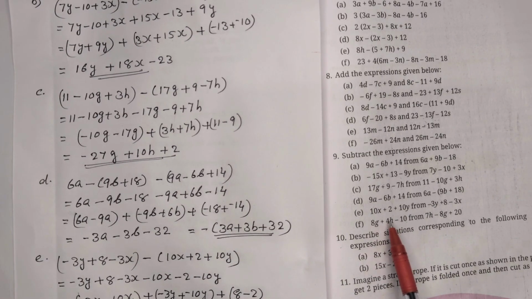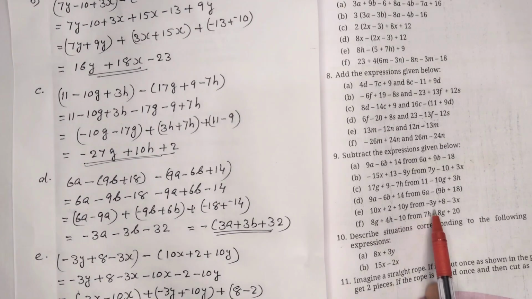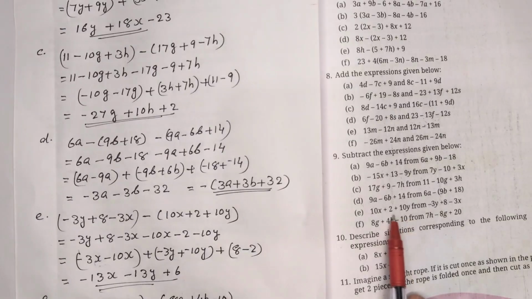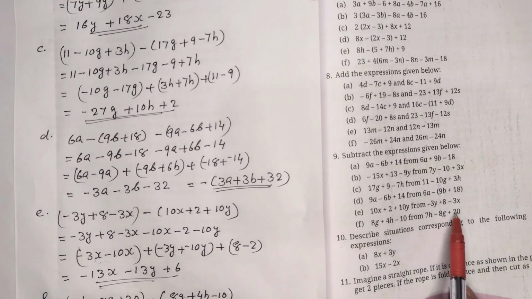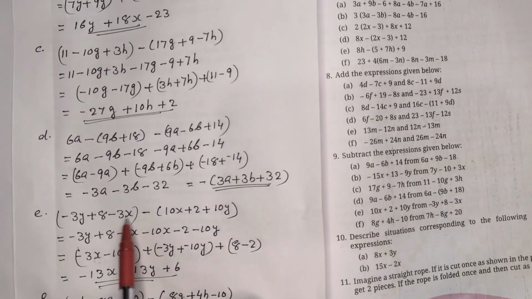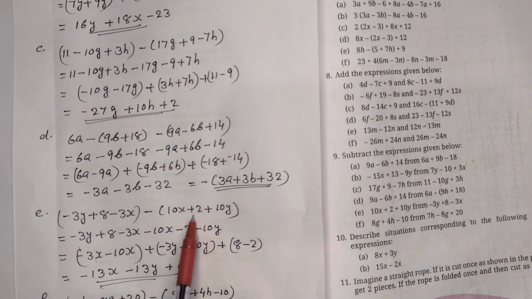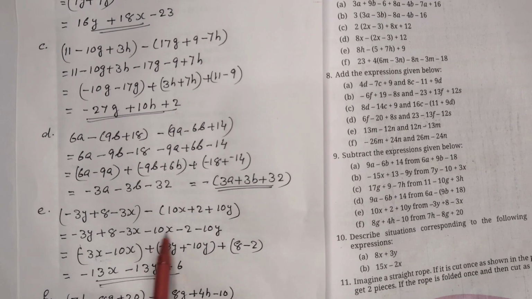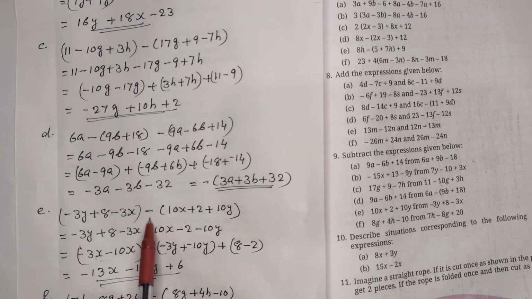Now next one, E. Second expression that we had to write first, and that minus the first one. Second expression is here: minus 3y plus 8 minus 3x. That minus first expression. Open the bracket. First one same as that. Second one, apply the minus sign.